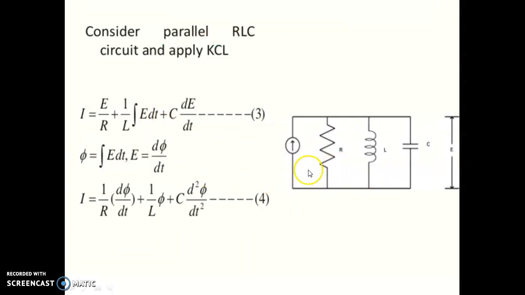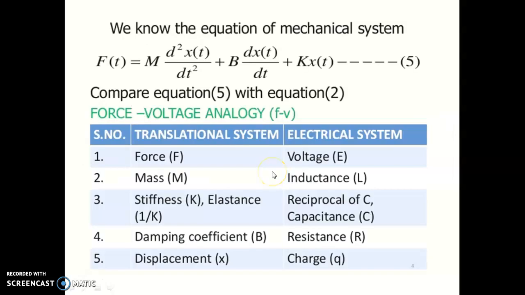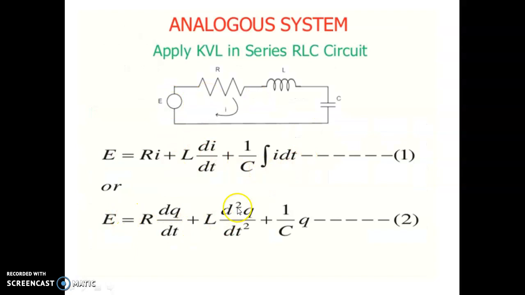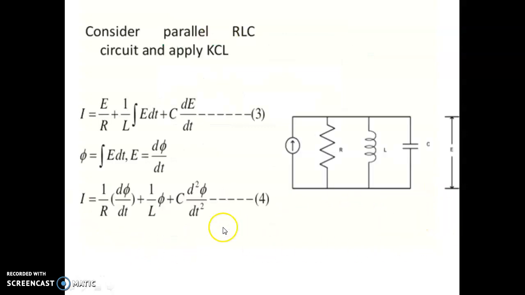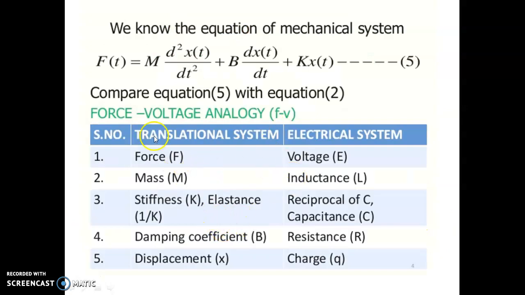Right. Now we will convert using the force voltage analogy. Here I told you that in the force voltage analogy, i was replaced by dq by dt. Now the electrical system I will write in terms of the mechanical system by using this table, called the force voltage analogy.